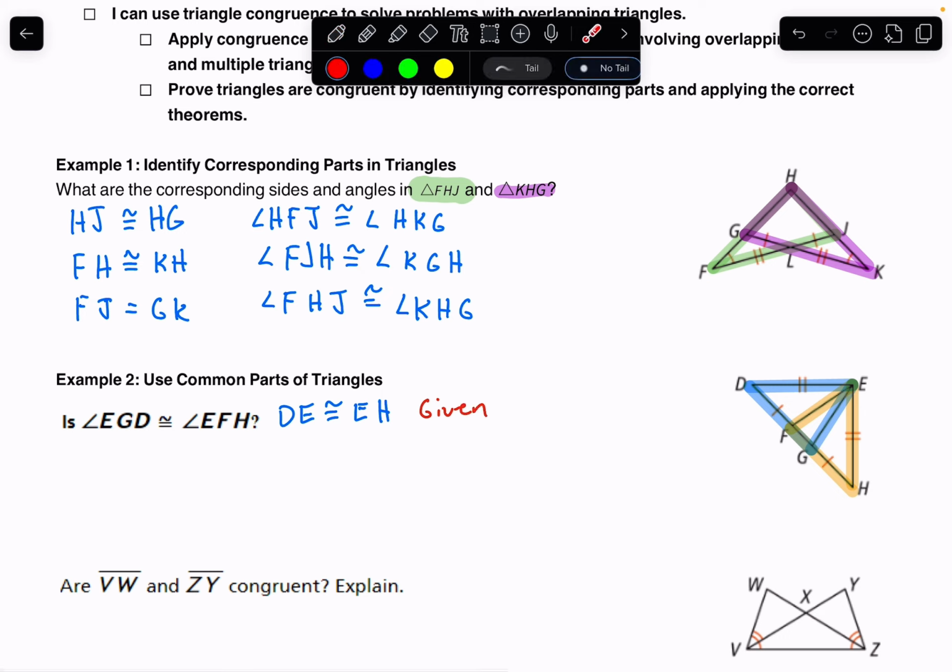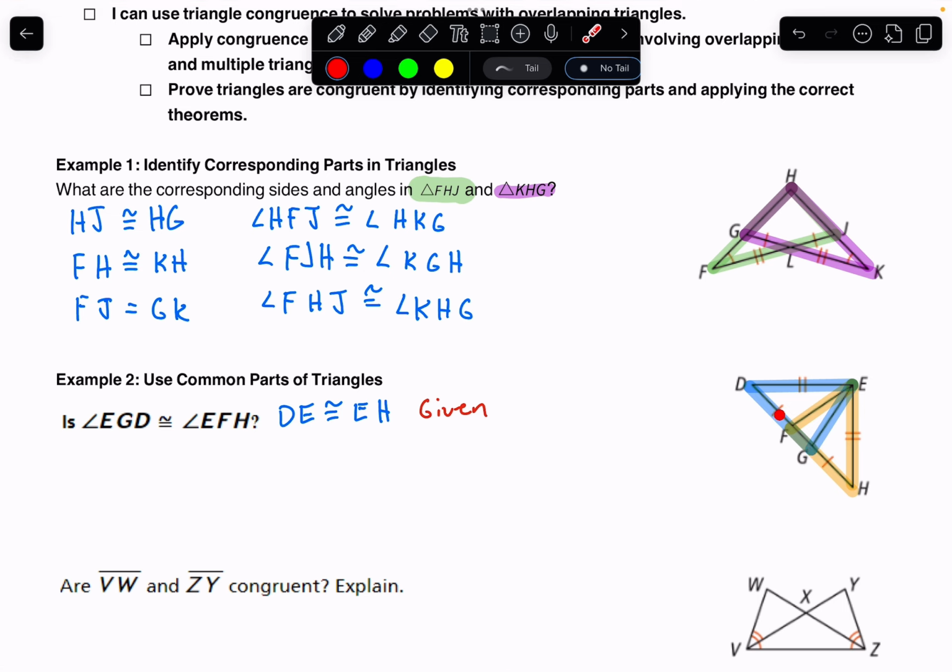What else do I notice? I notice that at the base of this triangle, I can tell that this piece right here, DF, and HG are congruent. But DF is not the entire side length of the blue triangle. And HG is not the entire side length of the orange triangle. But take a look at this one in the middle, right? FG is going to be the same whether it's part of the blue triangle or part of the red triangle.